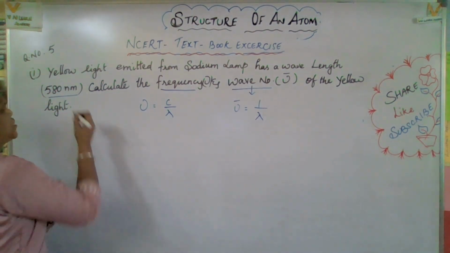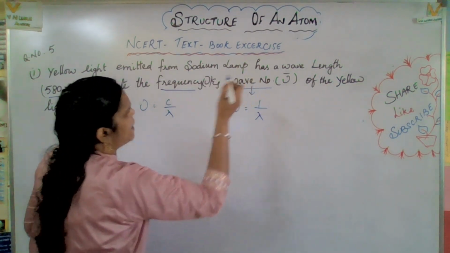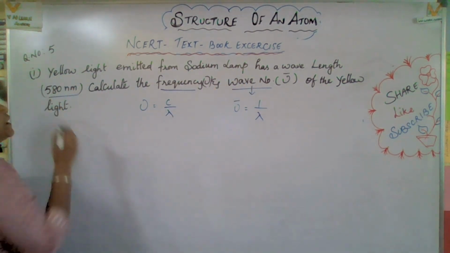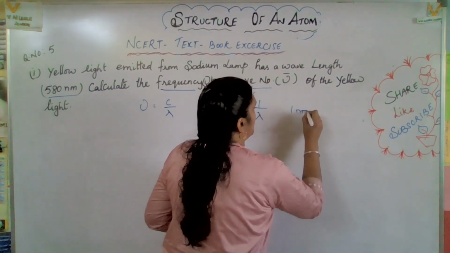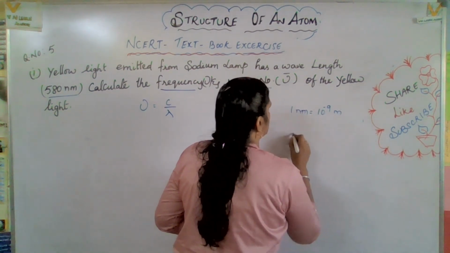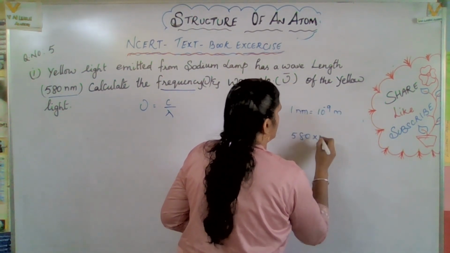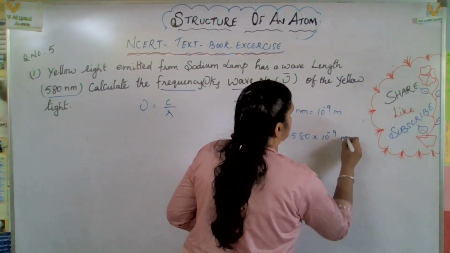Okay, now in the question, yellow light emitted from a sodium lamp has a wavelength of 580 nanometer. 1 nanometer is equal to 10 to the power of minus 9 meter. So 580 nanometer means 580 into 10 to the power of minus 9 meter.